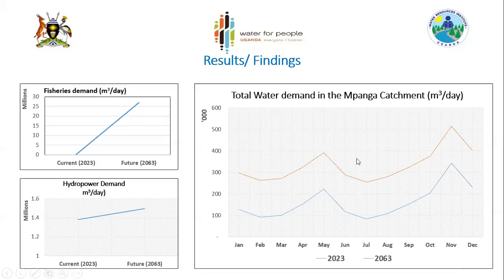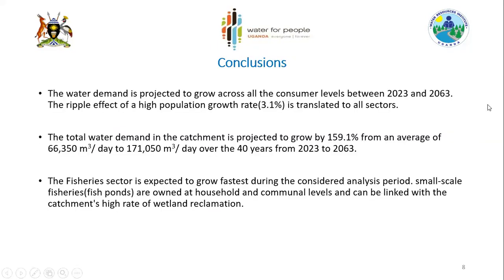And this is having the lowest reading in July 2063, which is 255,000 cubic meters per day, and November giving us around 514,000 cubic meters per day. And from this study, we're able to have a number of conclusions.